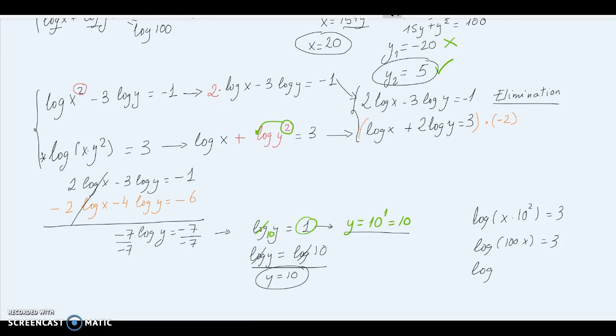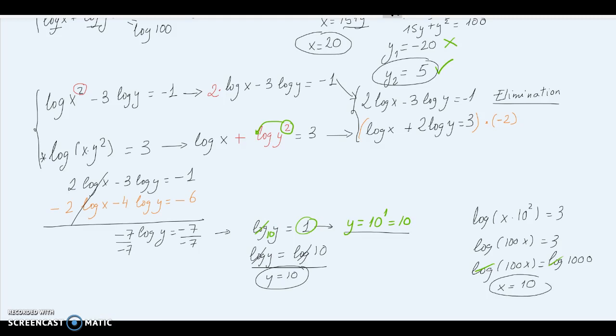So log of 100x equals, the 3 will be log of 1000. Okay, so this way I can cancel the logs, and I have that x, I divide everything by 100, so x is also 10.